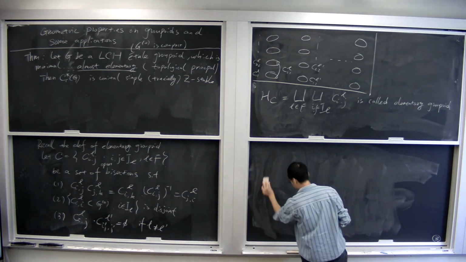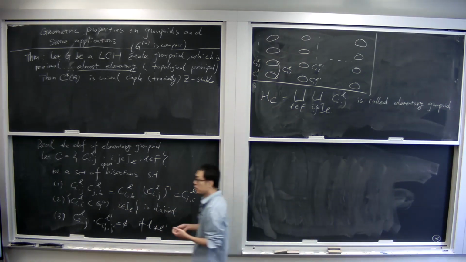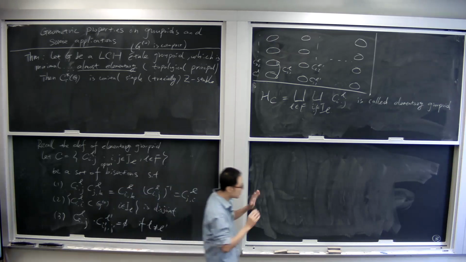That means it can somehow be approximated by elementary groupoids, in a certain sense.